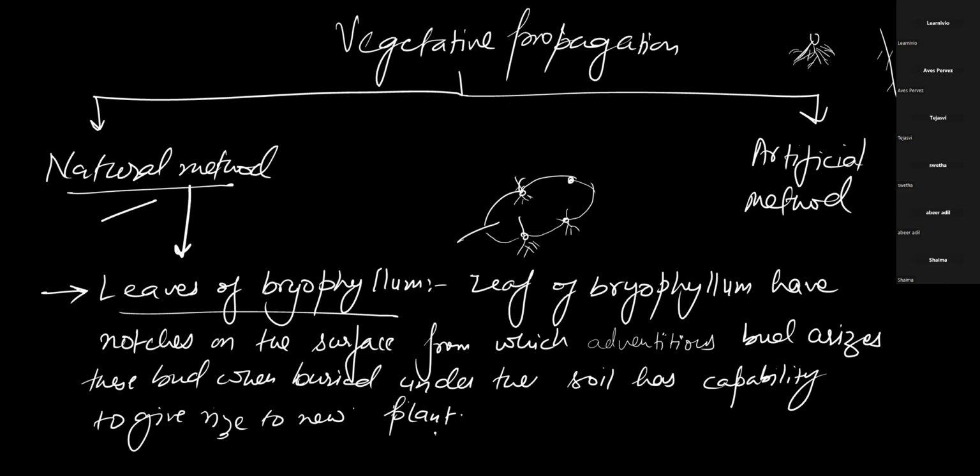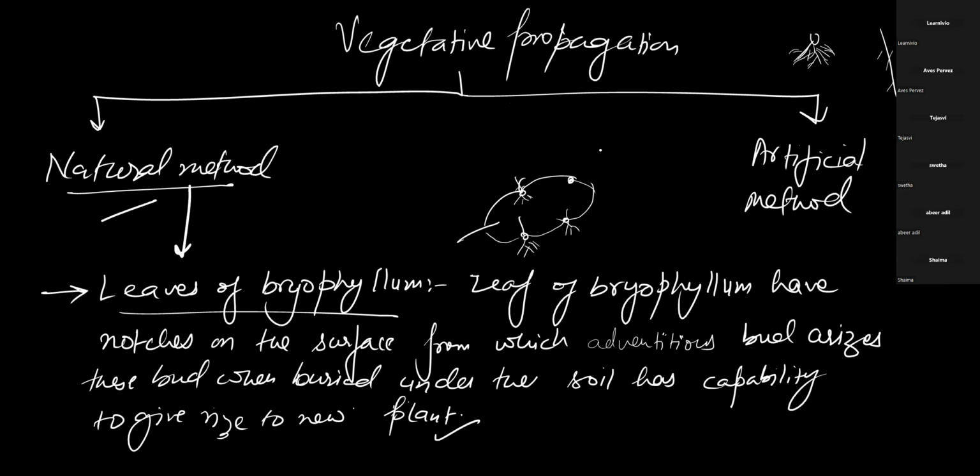So we can grow a new plant by sowing the leaves of bryophyllum. Not every plant's leaf has this capability. There are some plants specifically whose leaves have the capability to give rise to new plants. But the question comes: why can we grow plants from bryophyllum leaves but not from jasmine leaves?